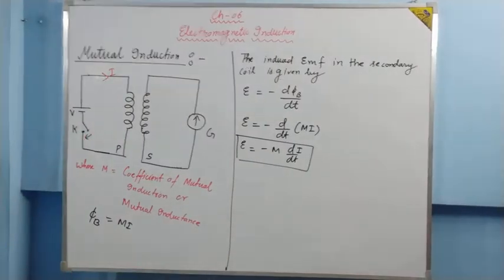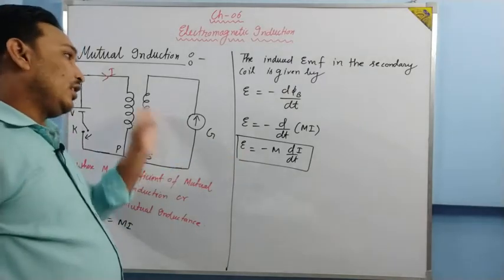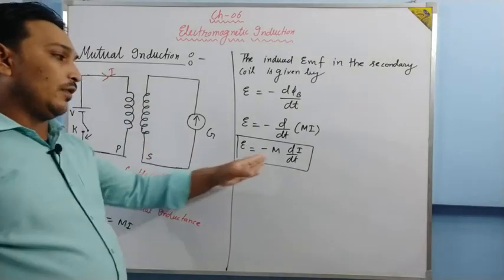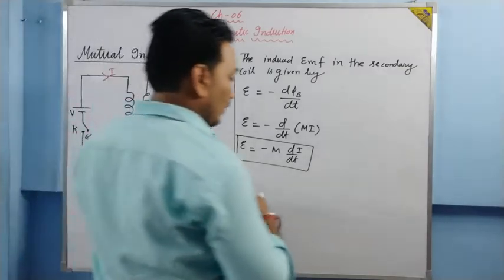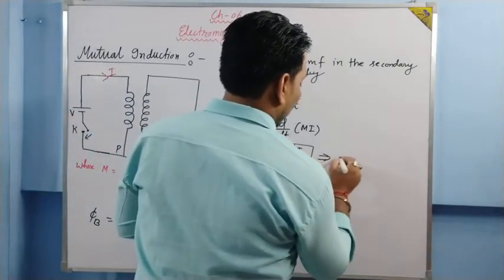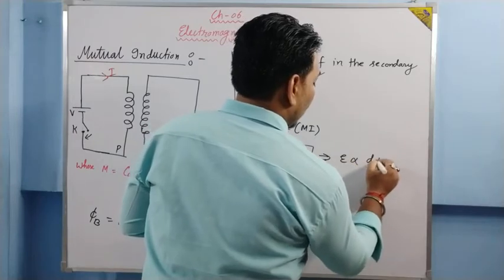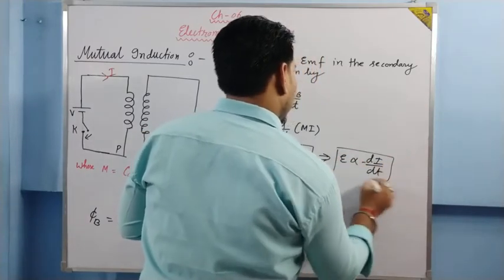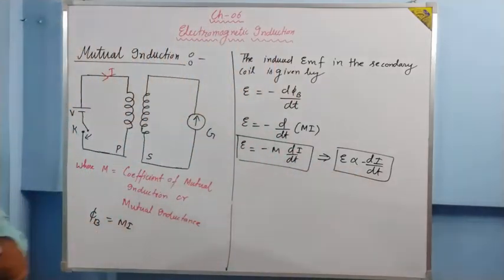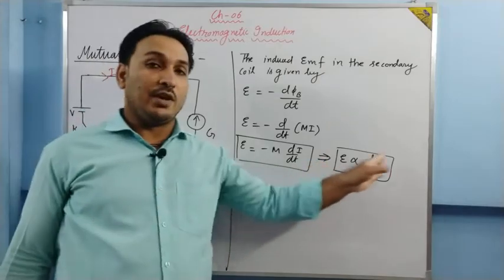Okay? EMF in the secondary coil will be calculated from this formula. Clearly from here, E, that EMF, depends upon dI by dt and that too with a negative sign. It simply means that EMF induced in the secondary coil is directly proportional to the negative rate of change of current.